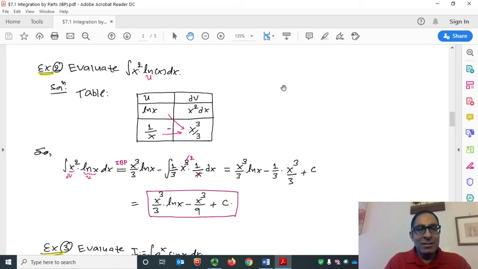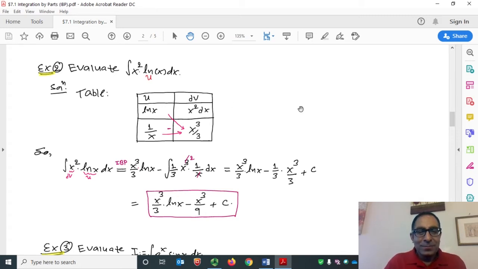Another reason is, if you remember our LIATE principle that I talked about earlier, where L stands for logarithm functions, always the logarithm function comes first in our LIATE principle, meaning our u choice is the log function. Great.